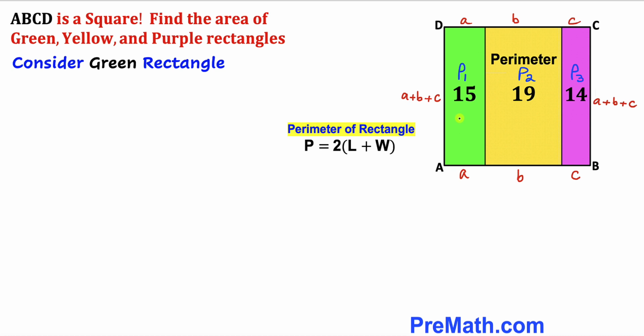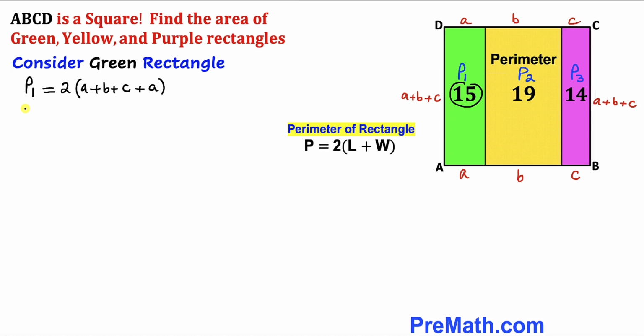And now let's focus on this green rectangle. The length is A plus B plus C, and the width is A. So therefore, the perimeter, I'm going to call P1, is going to be 2 times (the length, A plus B plus C, and then the width, plus A). And in our case, our P1 is 15.